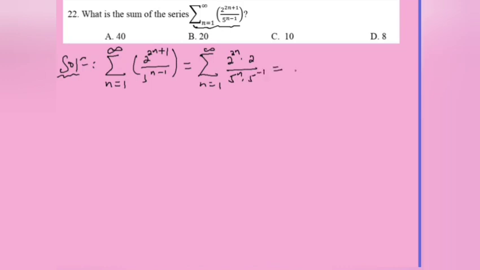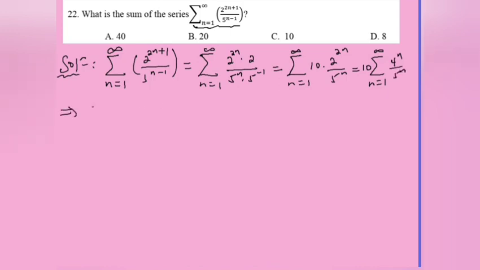So this is the same as the sum of n starting from 1 up to infinity, 10 times 2 to the power of 2n over 5 to the power of n. Still, we need to rewrite this as 10 times the summation n starting from 1 up to infinity, 4 to the power of n over 5 to the power of n.